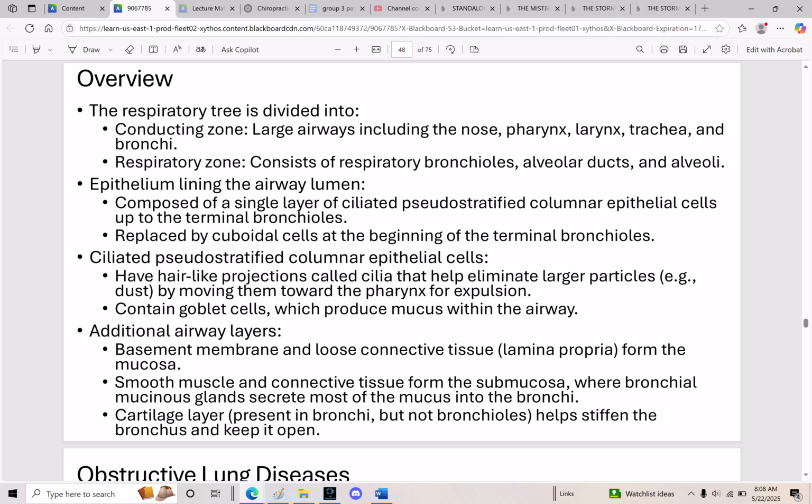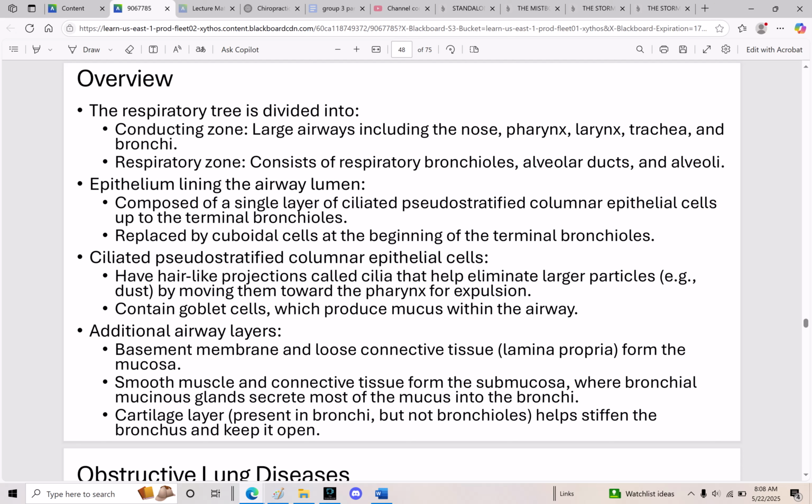So it's composed of a single layer of ciliated pseudostratified columnar epithelia. Remember we talked about this? It's replaced by cuboidal cells at the beginning of the terminal bronchioles. After that, eventually it's going to be replaced by a single layer of simple squamous. So basically it's a process of change.